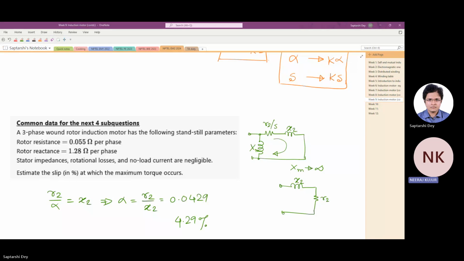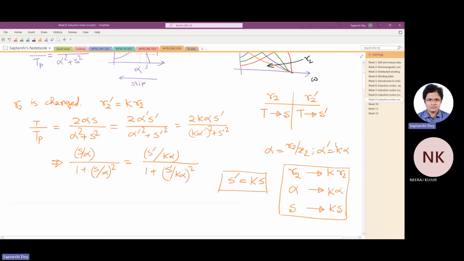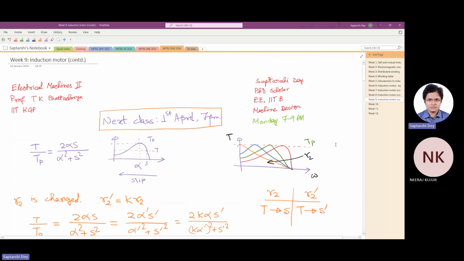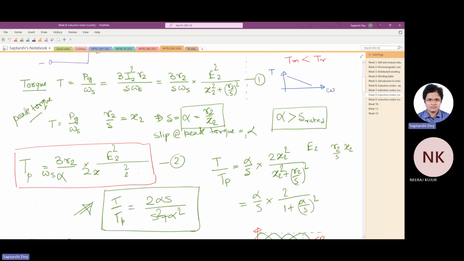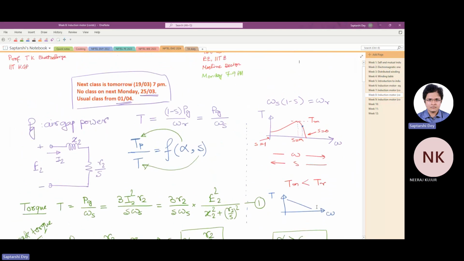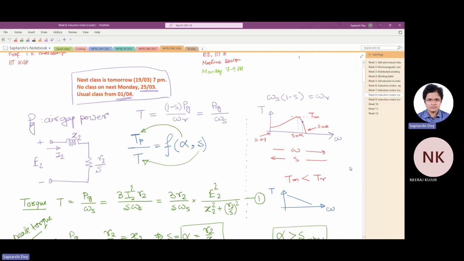Sir, can you give a short summary for this session? See, the basics of today's discussions were actually established in yesterday's class, the regular Monday class. It is mostly based on the relation between the maximum possible torque an induction motor can provide and how much torque it is providing at some other operating point.